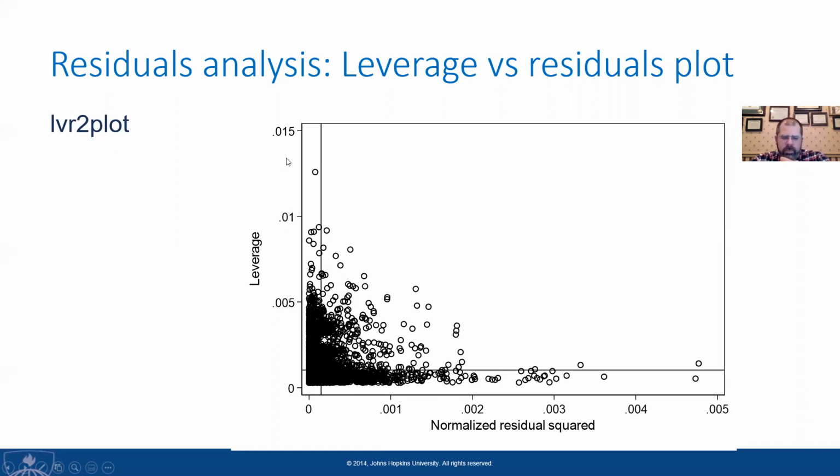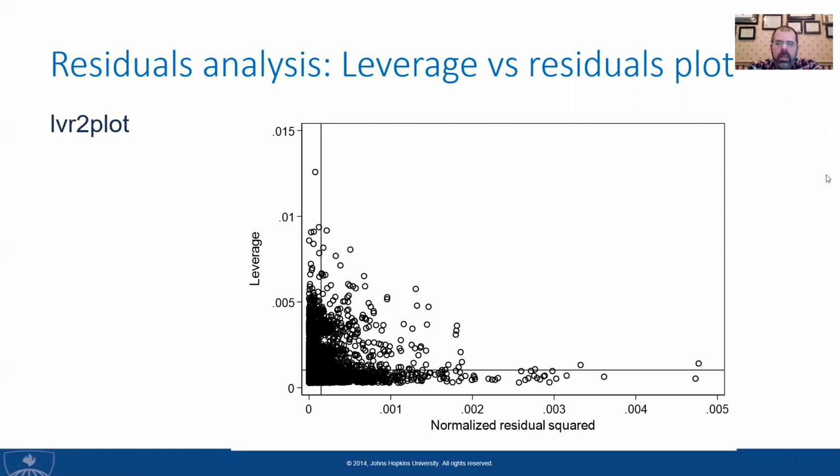Points with high leverage have a high probability of actually affecting your beta coefficient. So residuals affect your model fit, and leverage is associated with producing, we'll call them, biased results. It's possible to have points with high leverage and points with high residuals.